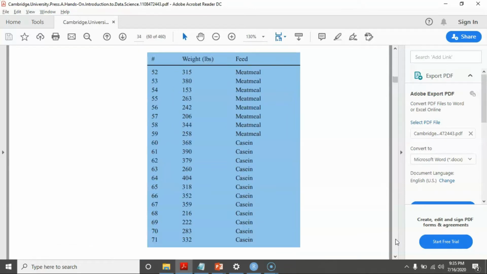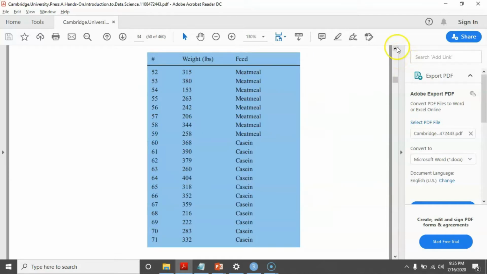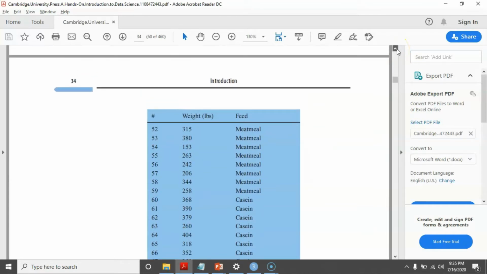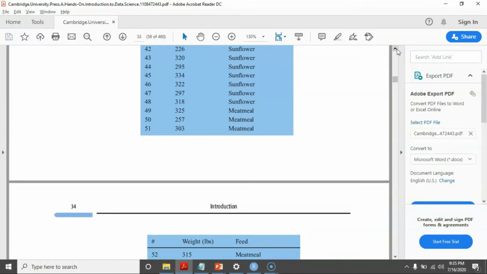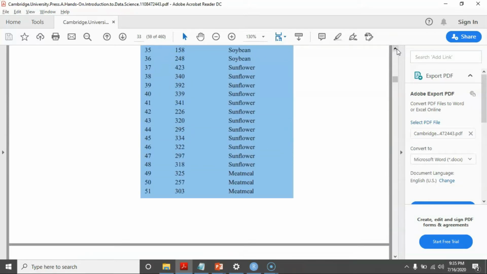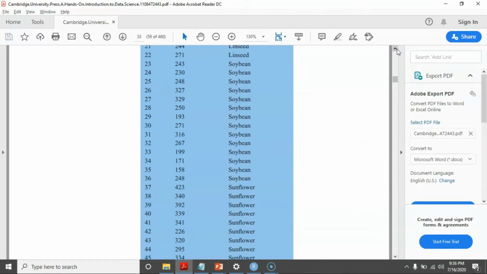One more, meatmeal and casein. So these are 1, 2, and 3 and 4. I guess there are 5, but let me count.